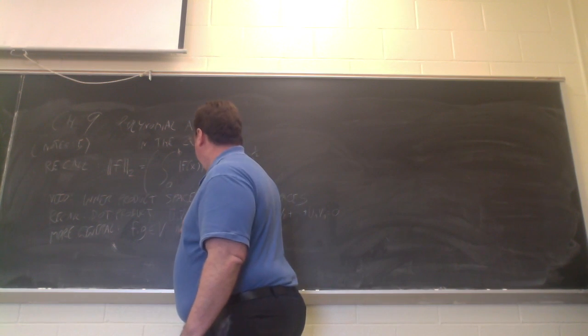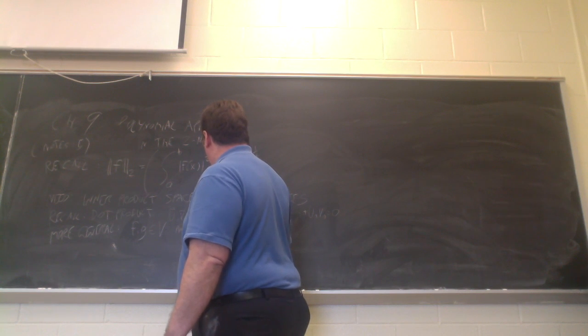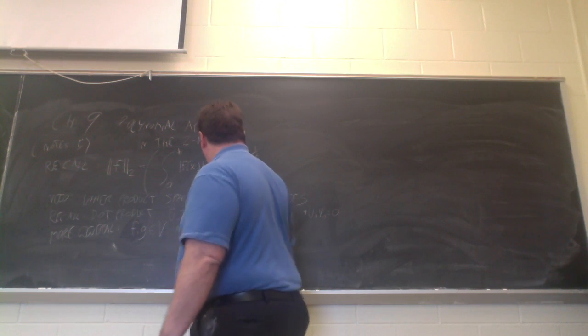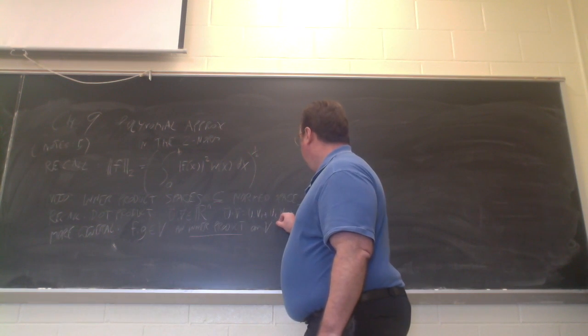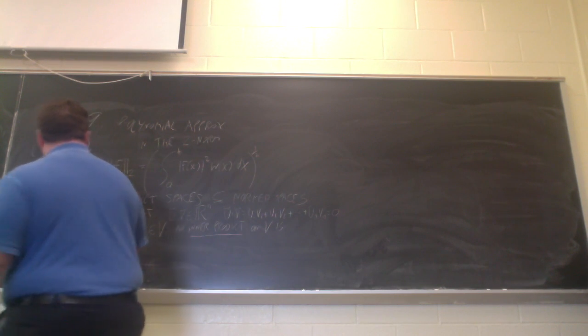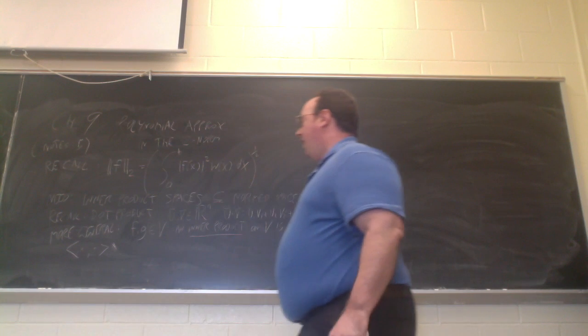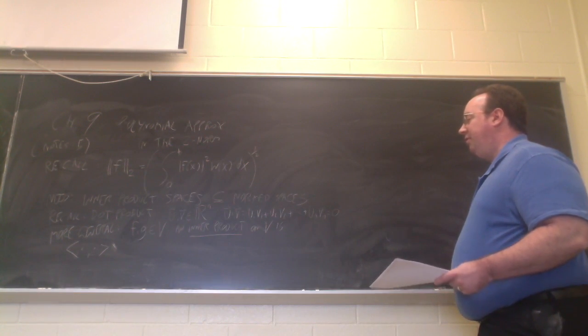So an inner product on the vector space V is a function that takes two arguments. The dots here I'm just using as placeholders. I'll use the angle brackets to indicate the inner product of two vectors f and g.